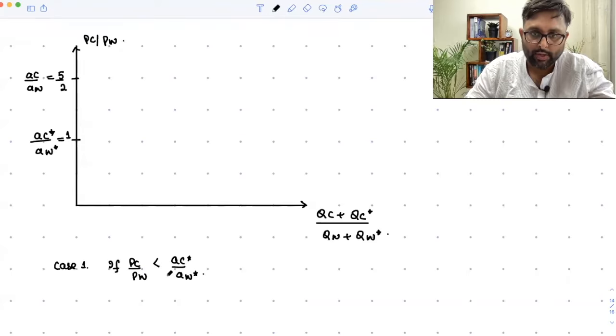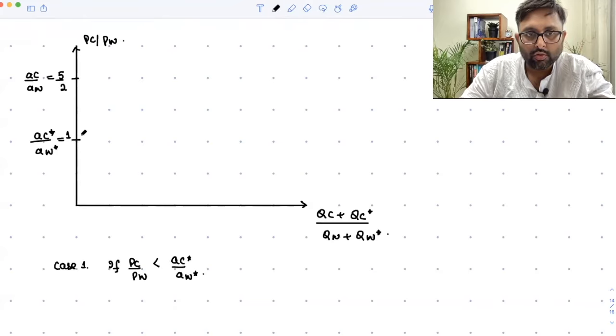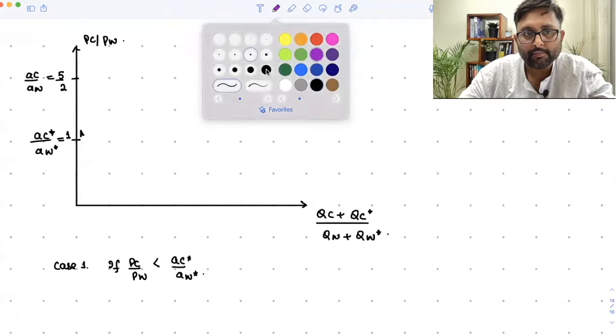It will be producing all wine. Similarly, home country will also not produce cheese, when PC by PW is less than 1, then it is definitely less than 2.5 also. So you are at this point here.